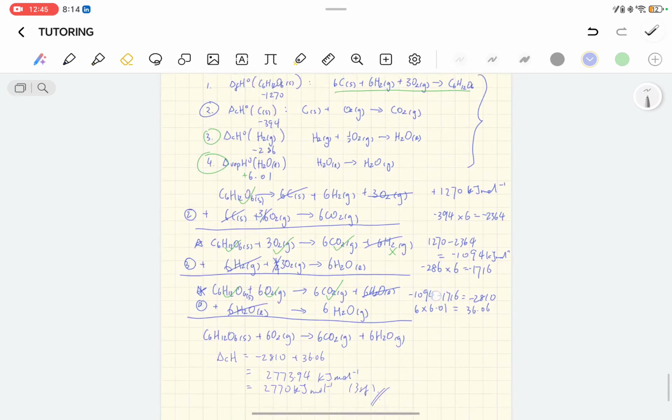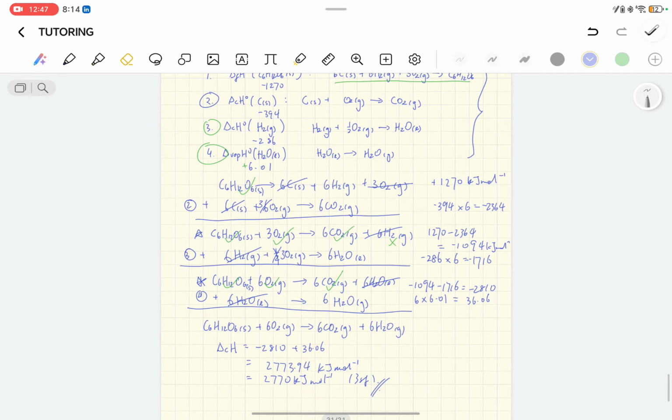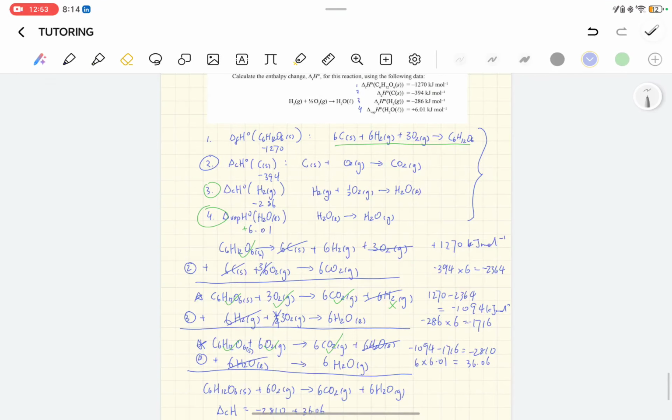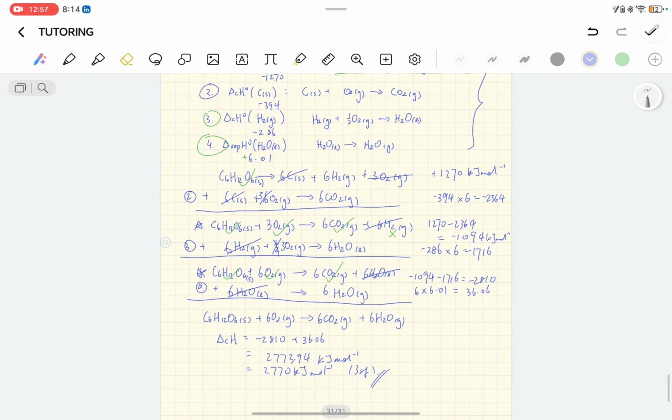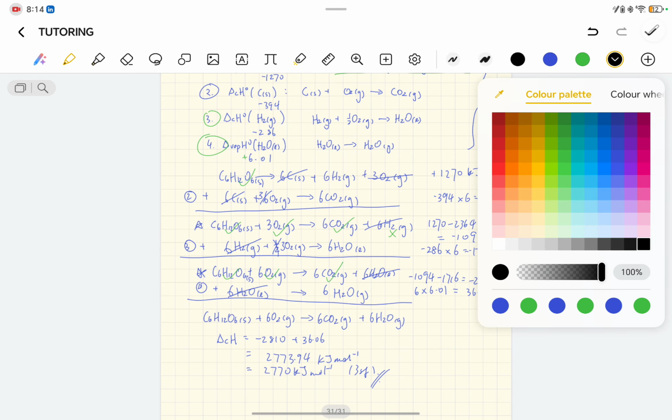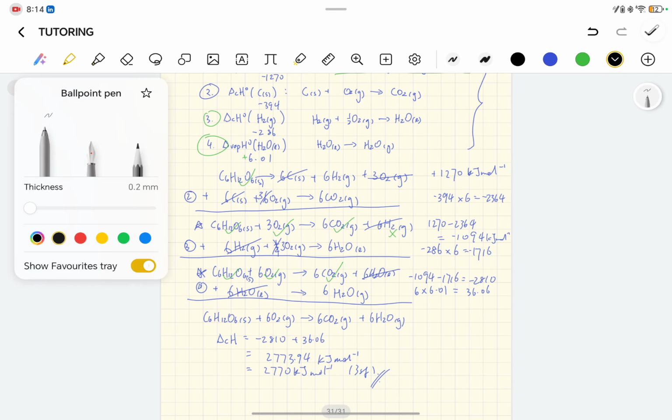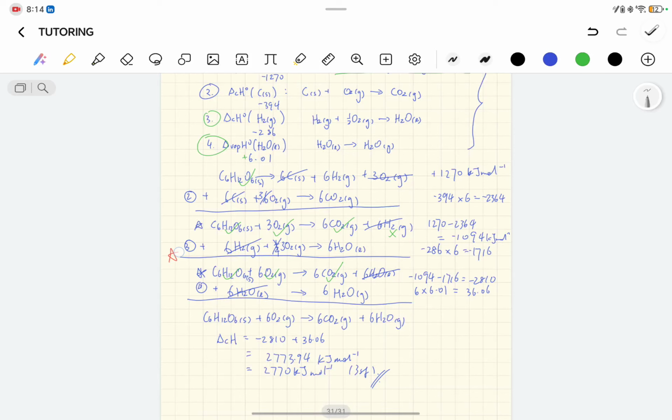This is an excellent question. Right, so for achieved, correctly manipulate 2 equations or enthalpy changes. So up to here, right? So anywhere up to here is achieved. And for merit, correct process with 1 error.